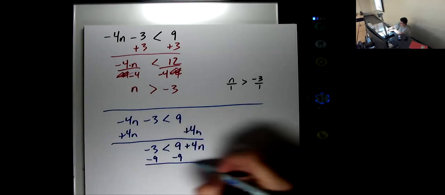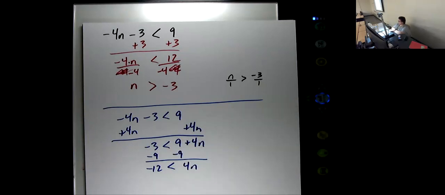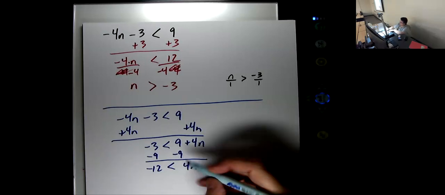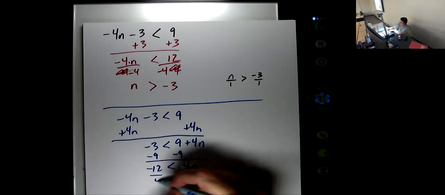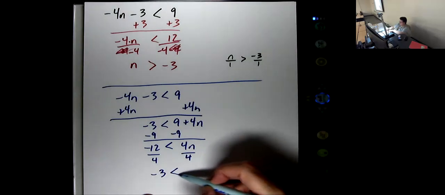Subtract 9. -12 is less than 4n. Divide by 4. And I get -3 is less than n.